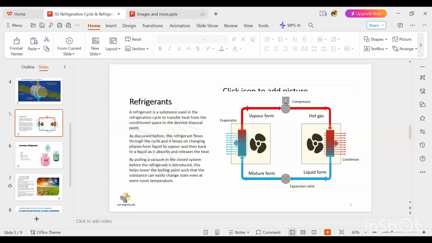The boiling that takes place at the evaporator is not the boiling that you understand, like boiling your water at 100 degrees Celsius. No, this is going to be boiling at even mere room temperature. Just 27 degrees Celsius is enough to boil this refrigerant into a gas.